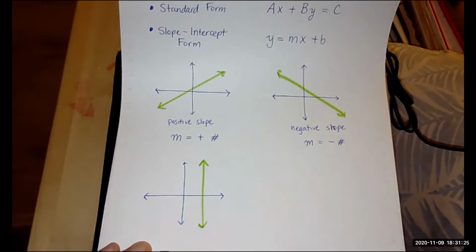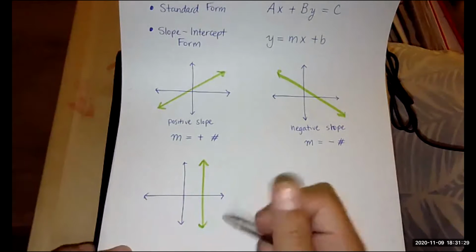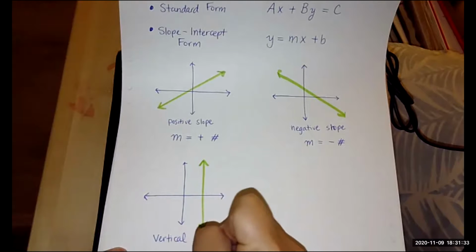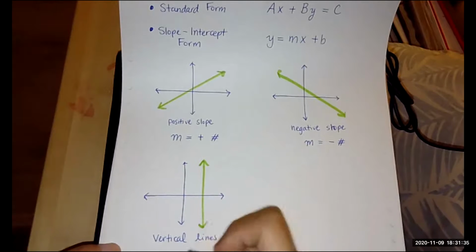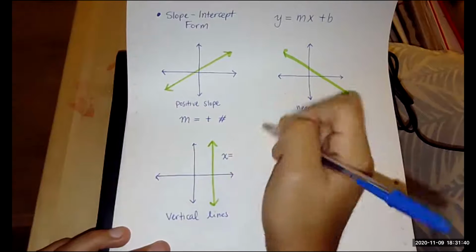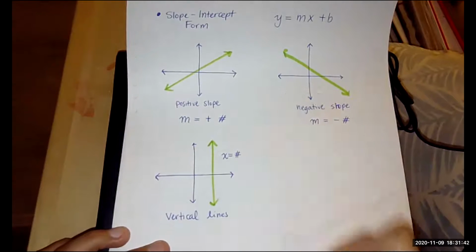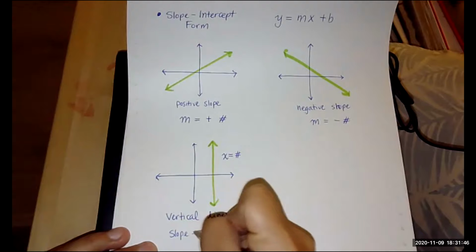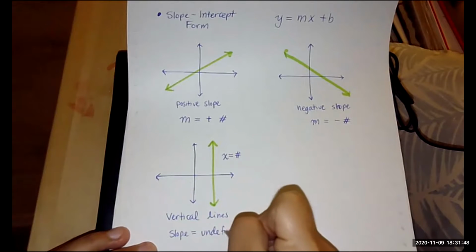And we said that these vertical lines, which have an equation that looks like x is equal to some number, have a slope which is undefined.